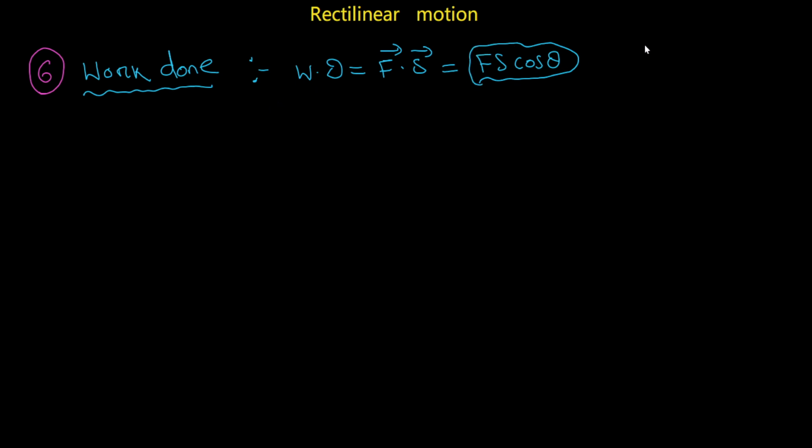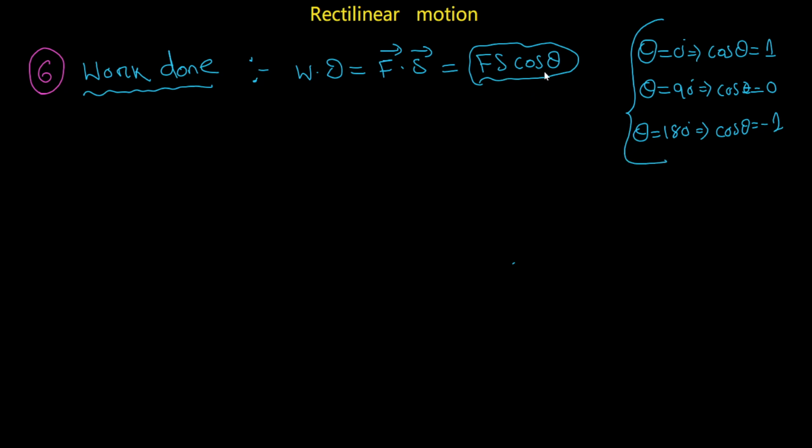If theta is equal to 0 degrees, cos theta will be 1. If theta is equal to 90 degrees, what will happen? The cos theta will be 0. If theta is equal to 180 degrees, cos theta will be -1. We know this.